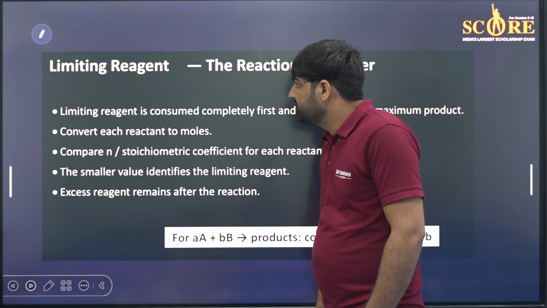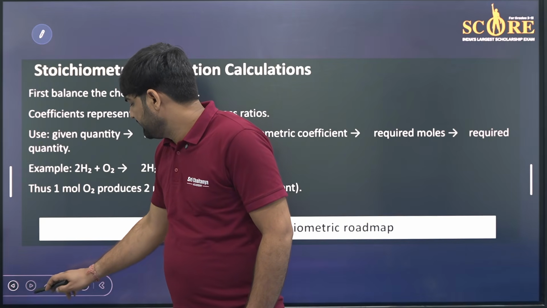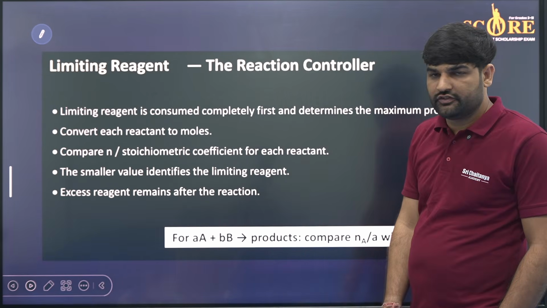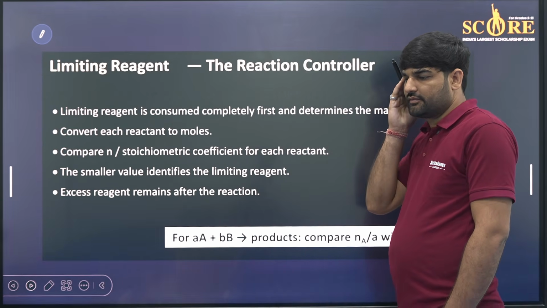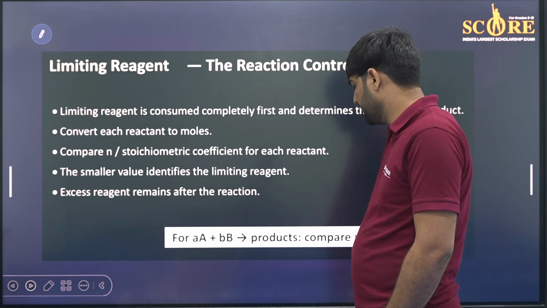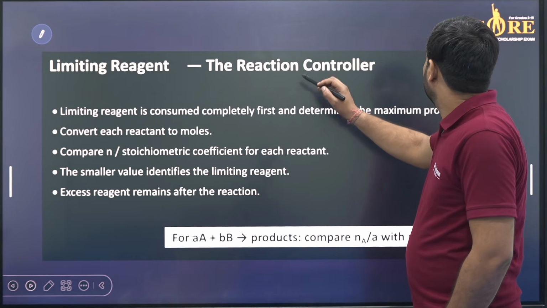So what is a limiting reagent? I already told you what a limiting reagent is. So what is the fundamental method for calculation of LR? For that we have to take an example.